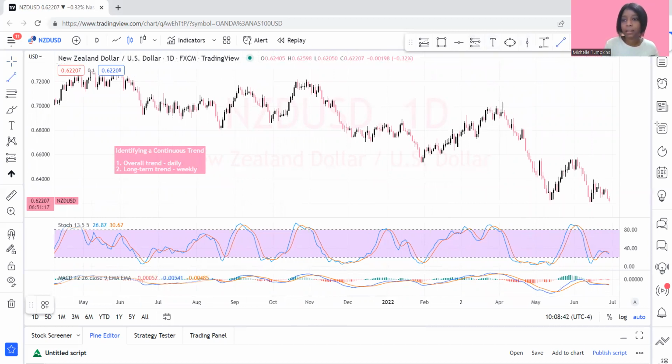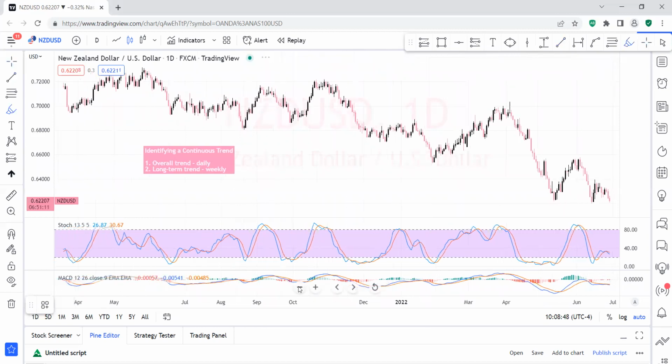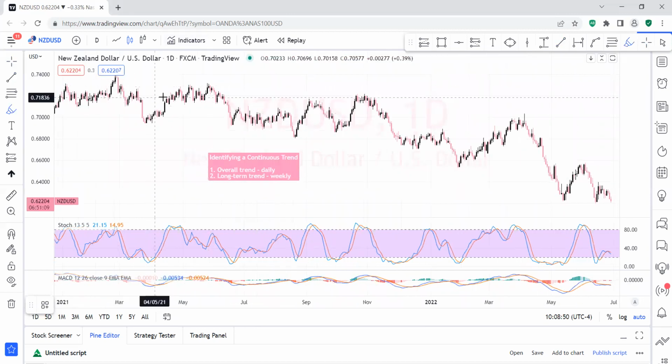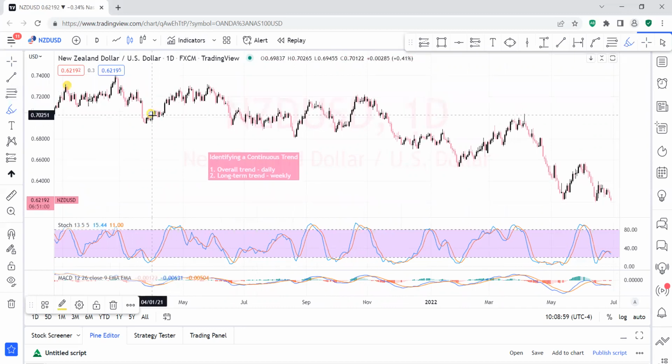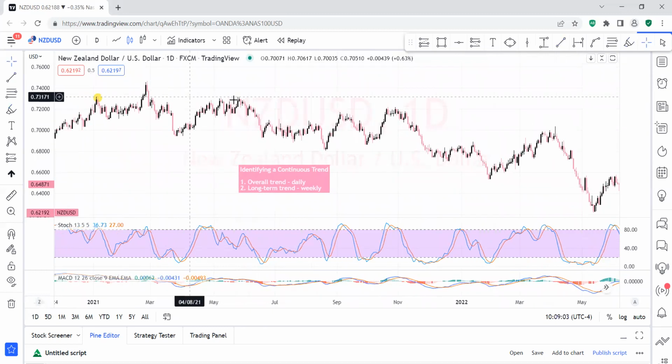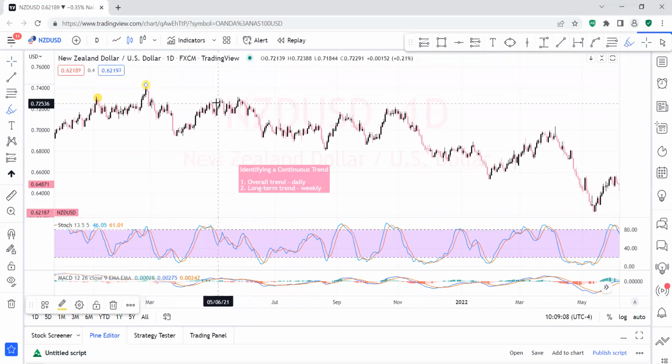So let me minimize this. If I pull out my highlighter tool and I just go back to this point, we can see that price did not go, and let me pull this down just a touch. Oopsie. We can see that price didn't break this specific level of price.